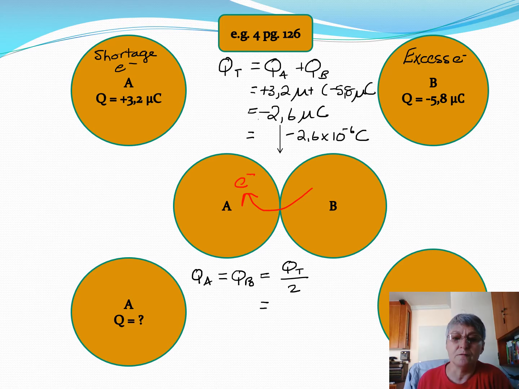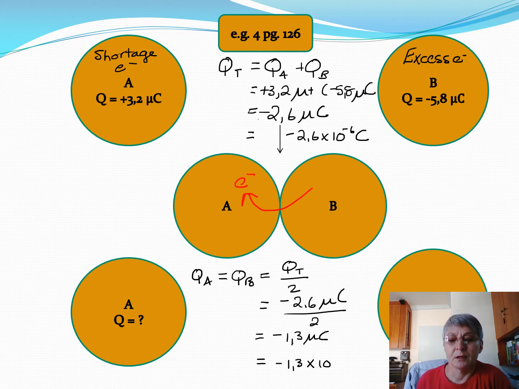It splits in half because the objects are equal. So it's a negative 2.6 microcoulombs divided by 2. That gives us a negative 1.3 microcoulombs, or we could write it as negative 1.3 times 10 to the power negative 6 coulombs.